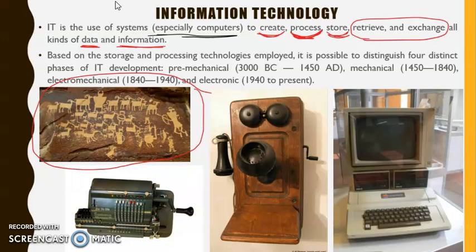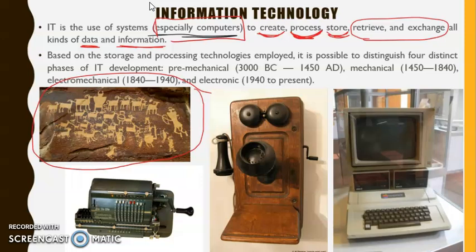So remember, information technology is something to process the data, to store the data, to create the data. It doesn't necessarily mean computer. But now, as you can see here in the definition, we say especially computers, because after 1940, it is all about computers. When we have computers, we are not going to use these pre-mechanical, mechanical, or electromechanical type of tools.